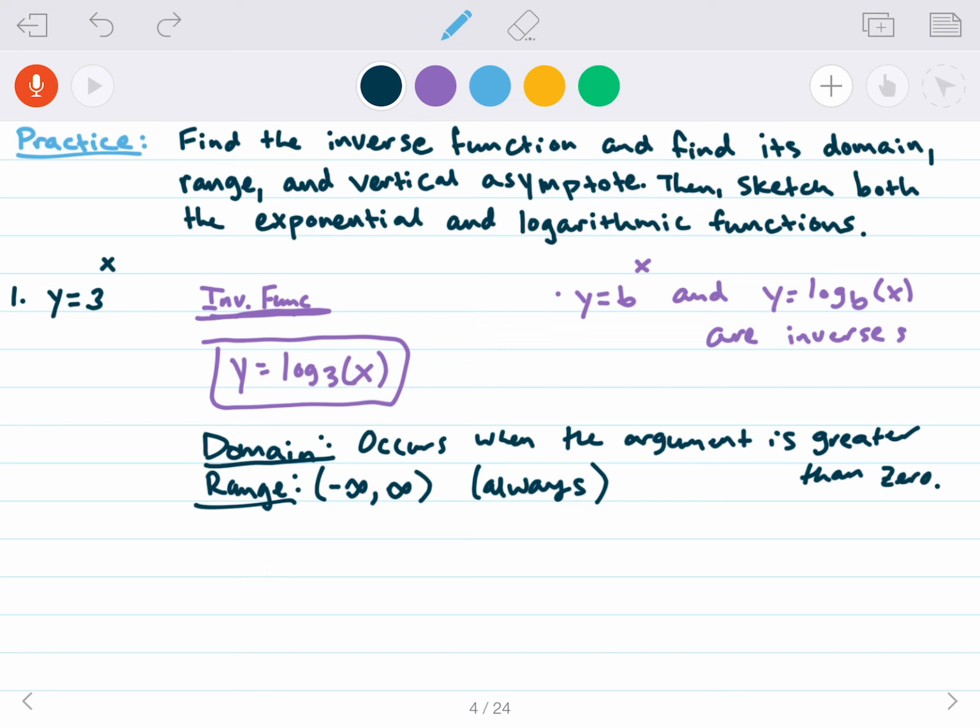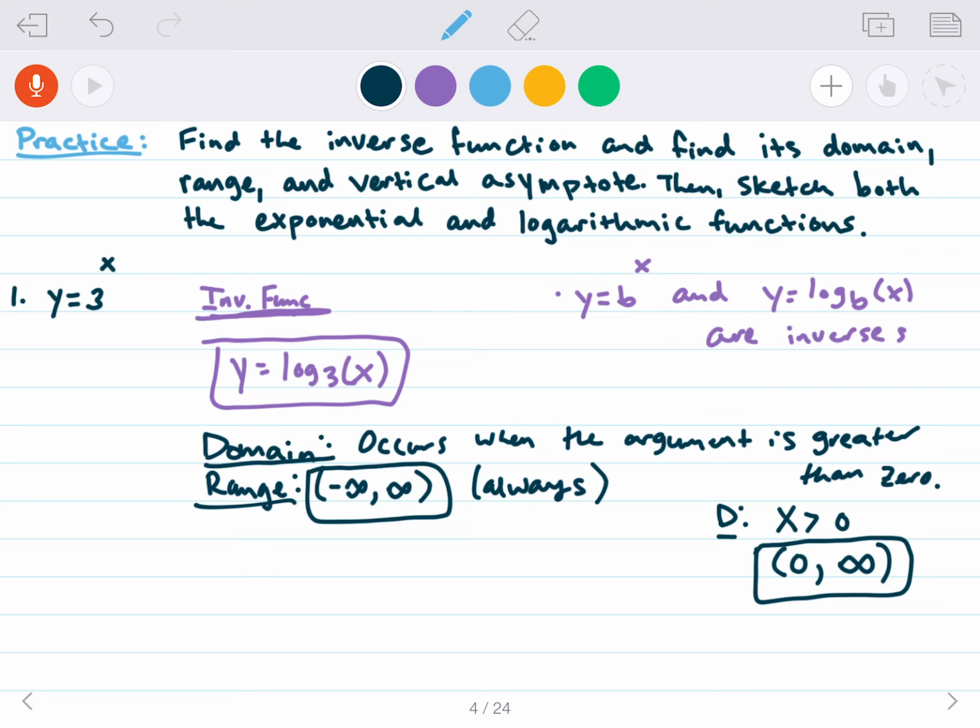So here, our domain is just x is greater than 0. And if we want to write this in interval notation, we're going to start at 0 but not include it, because we don't have a little line under our inequality sign. We're going to start at 0 and go all the way to infinity. That's what it means by strictly greater than 0. So this is our domain, and our range is going to be negative infinity to positive infinity.